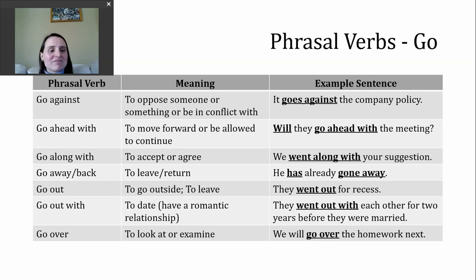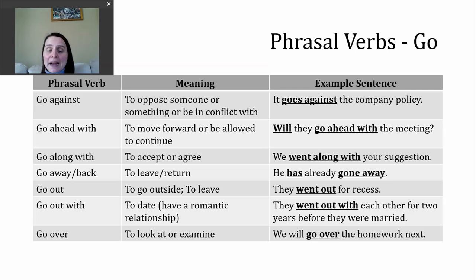Go out. Very common to hear this, especially on nice spring days, and that's to go outside, to leave. A sentence children might be used to hearing, they went out for recess. All that means is recess was outside.